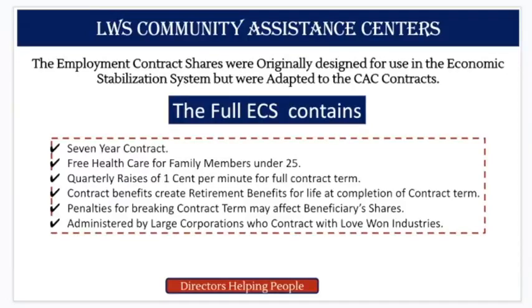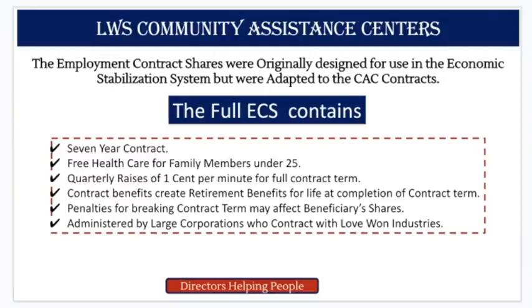That's my intention. Quarterly raises of 1 cent per minute for the full contract term. So every quarter they get a 1 cent raise, which is $100 a week, or $400 a month, every quarter. The contract benefits create retirement benefits for life at the completion of the contract term.